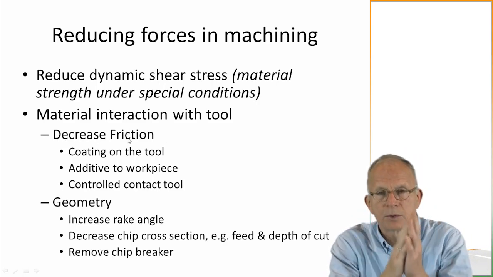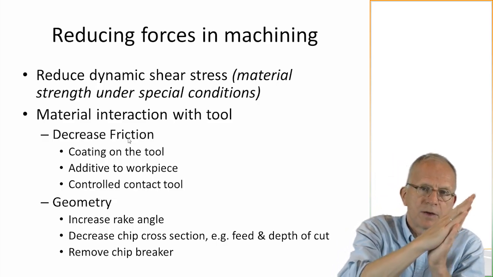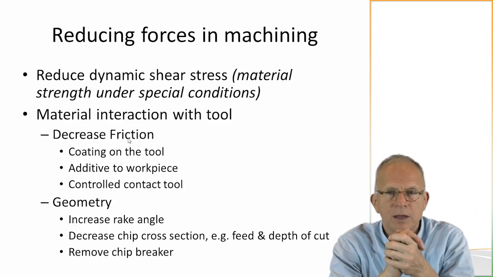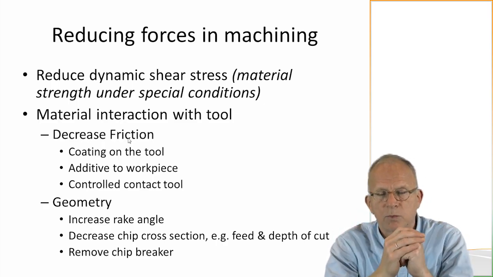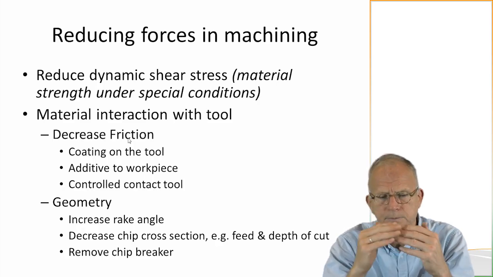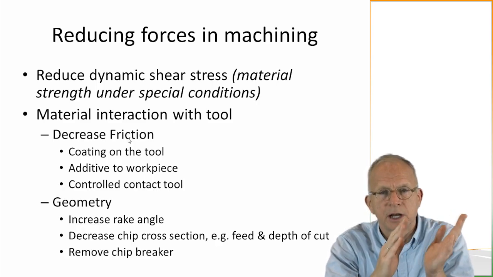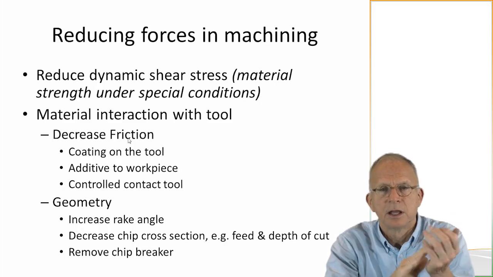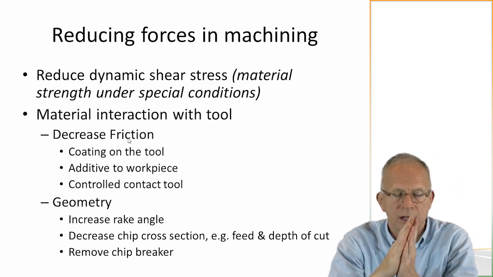So we could try decreasing the friction. Now the friction here that we're talking about is between the tool and the chip on the rake face. The conditions on the rake face for this friction are rather special. In fact, it's a kind of welding condition, so that you have a freshly formed surface that hasn't had a chance to oxidize or get dirty, and intimate contact with a tool, and it's usually at a high temperature and there's high loads.